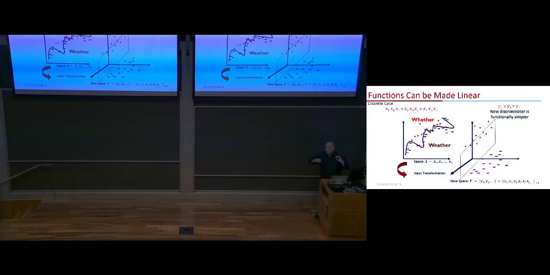If it's consistent, then there is a Boolean function that agrees with the data. This Boolean function can be very, very complex. Too complex for me to learn because the space of Boolean functions is too large. If I have n variables, the space of Boolean functions is 2 to the 2 to the n, double exponential. I'm not going to try to entertain all these functions. I have to make assumptions.